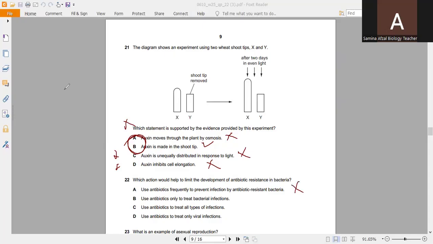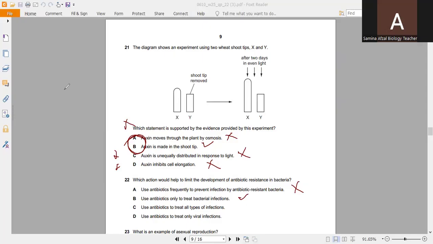So this is not correct. Use antibiotics only to treat bacterial infections. Yes, because overusing or misusing antibiotics accelerates the natural selection of resistant mutant strains. So limiting their use strictly to confirmed bacterial infections reduces the selection pressure on bacteria, slowing down the spread of resistance. So B is the correct option.